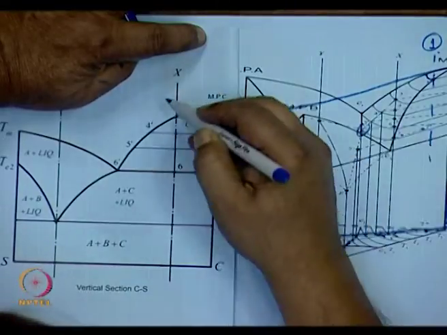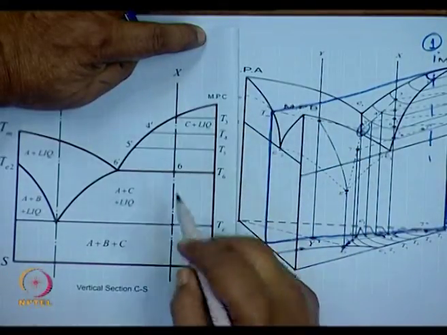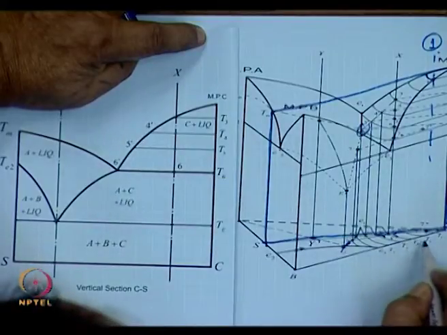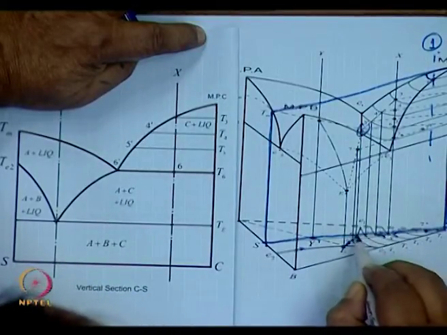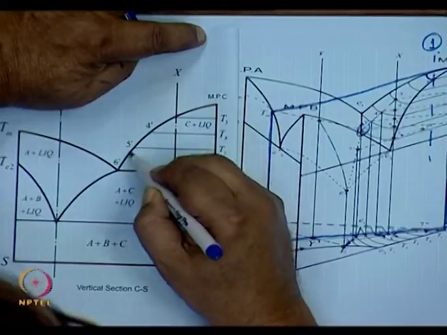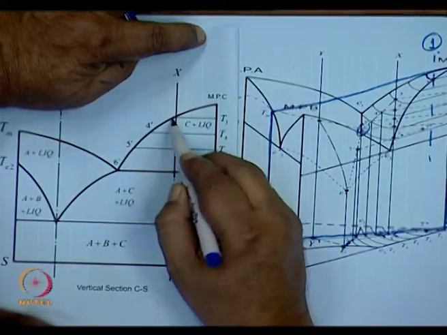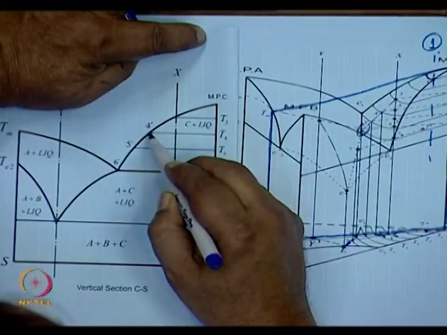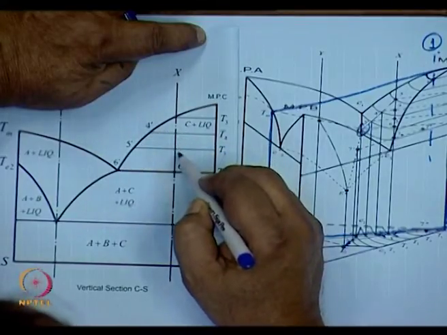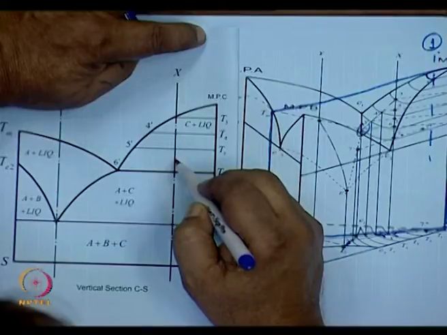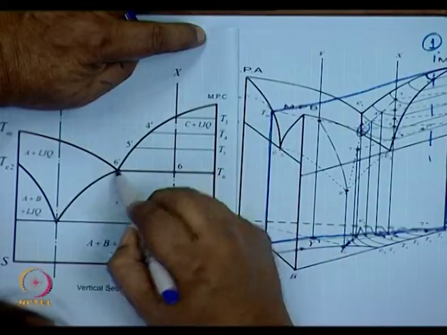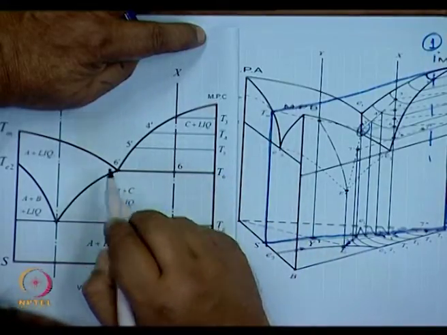Here you see I have stated I am going to intersect 4, 5, 6 dash. Here it is coming down to this. X intersects it at T3, comes through 4 dashed, more C is formed, the amount of liquid decreases, and it reaches T6, which is over here.